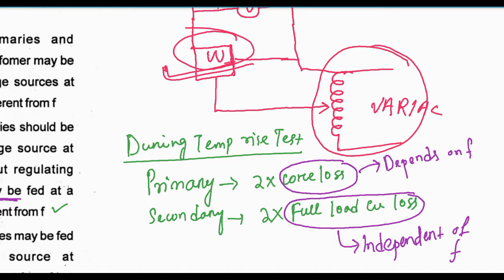If we consider the formulas of core loss, both hysteresis loss and eddy current loss depend upon the frequency. Eddy current loss depends upon the square of frequency, whereas hysteresis loss depends upon the 1.6 power of the frequency, depending upon the V by F ratio. I can conclude that core loss always depends upon the frequency, but copper loss is independent of frequency.